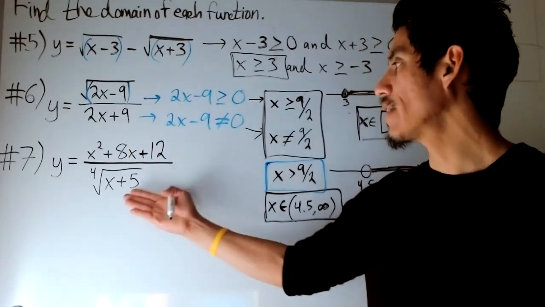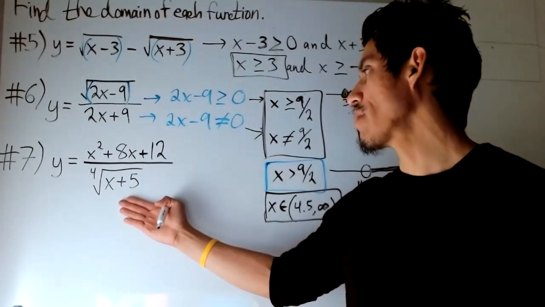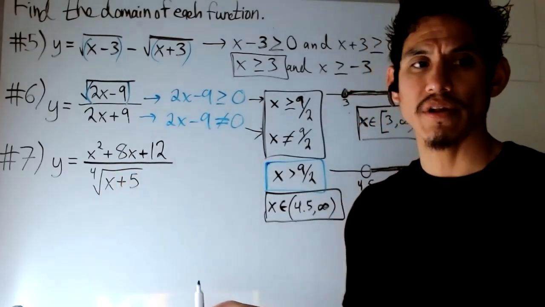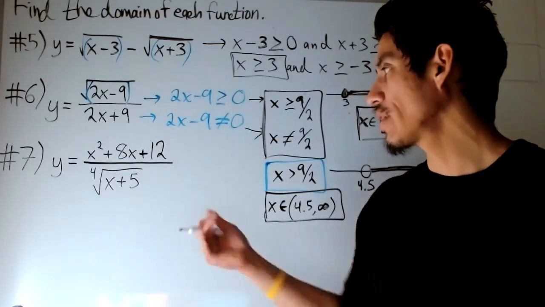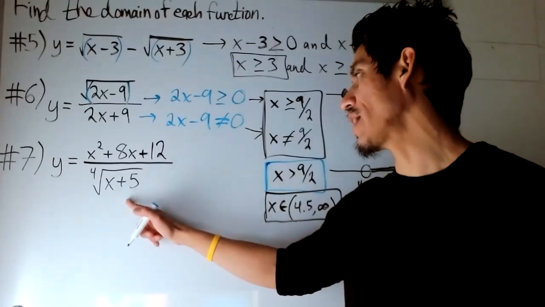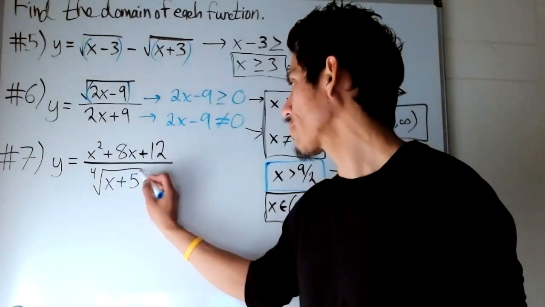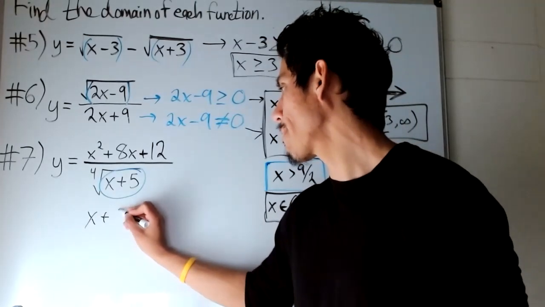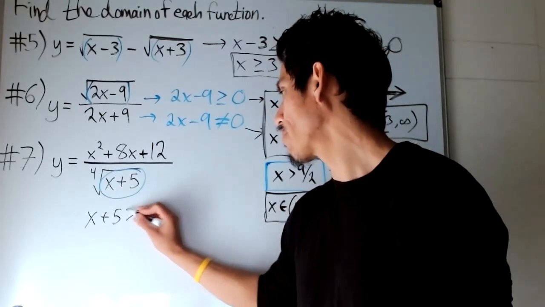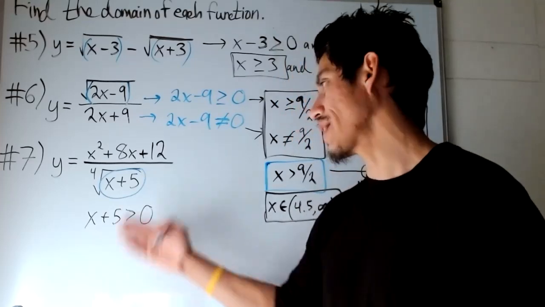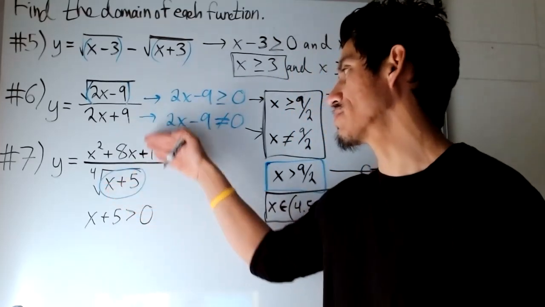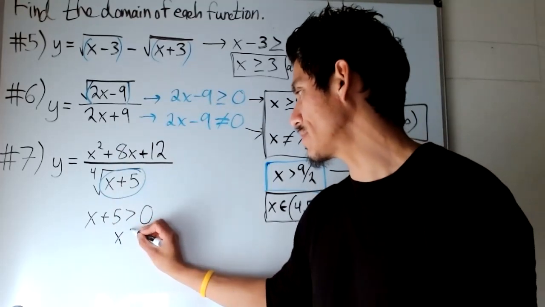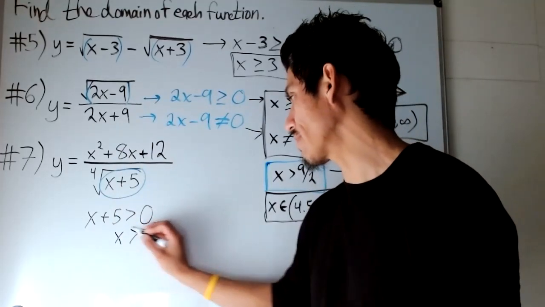The thing is that anytime you raise anything to the 4th power, it's always going to be positive. So that means that x plus 5 needs to be greater than 0. It can't be 0, though, because if we were dividing by 0, then it's going to be undefined. So then our domain is simply x has to be greater than -5.